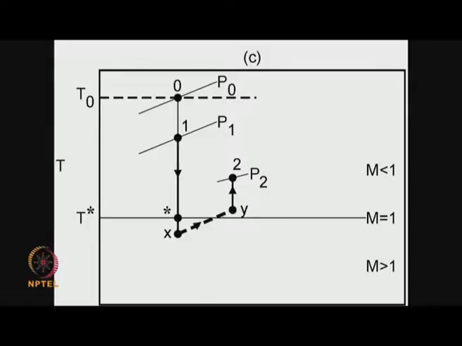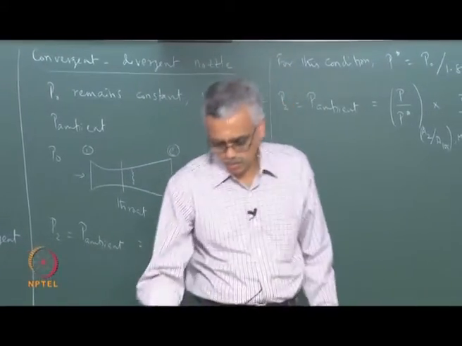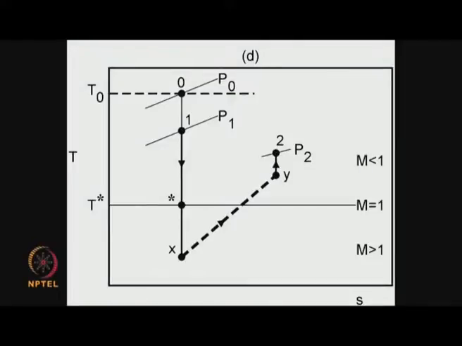Okay. Now what happens if I lower the pressure some more? Right? If I lower the pressure some more, then I get a situation like this where the flow accelerates even more in the divergent part of the nozzle, because it sees a further lowering of the pressure. But when it accelerates a little bit more, the shock also becomes stronger, because as you can see, this is the M equal to 1 line.